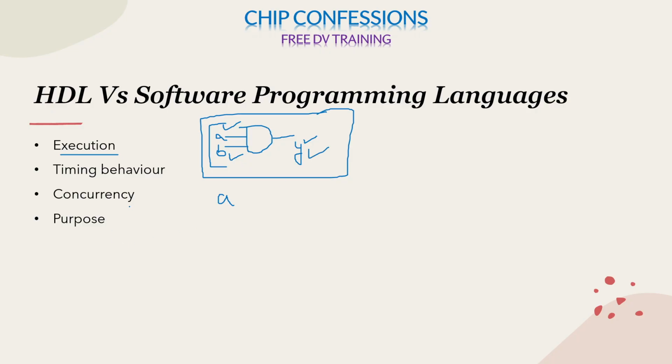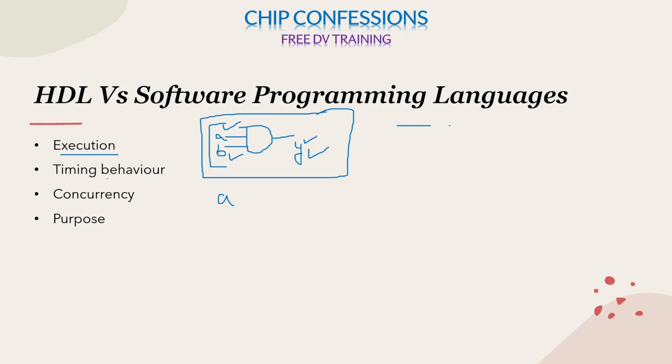The main feature of this hardware description language, or HDL, is that everything runs in parallel. This is the most important feature of HDL. But what happens in a software language? In any software language like C or Python, everything happens sequentially.